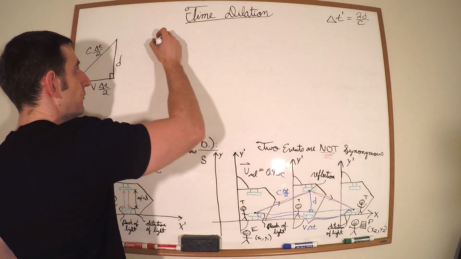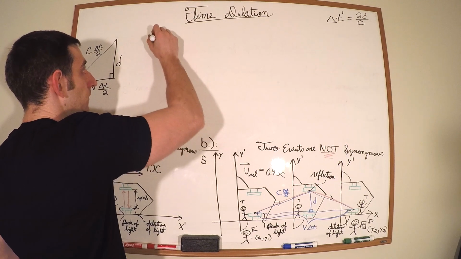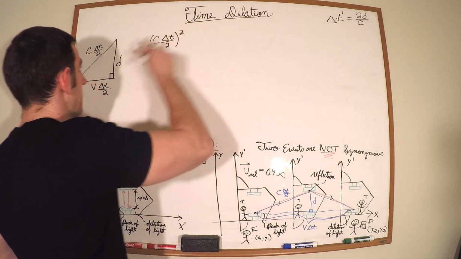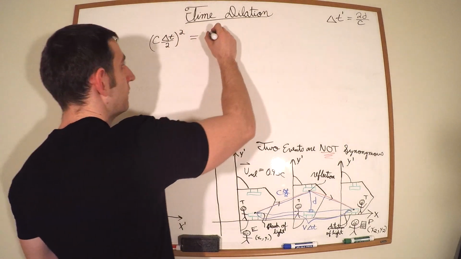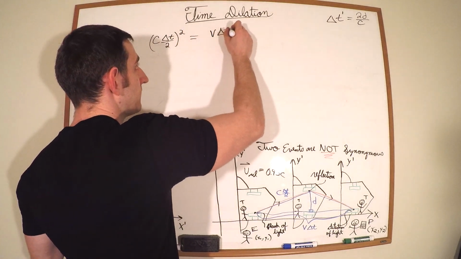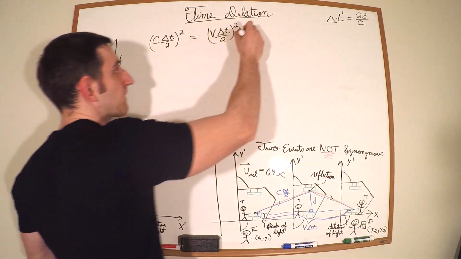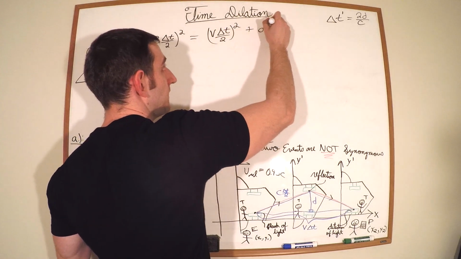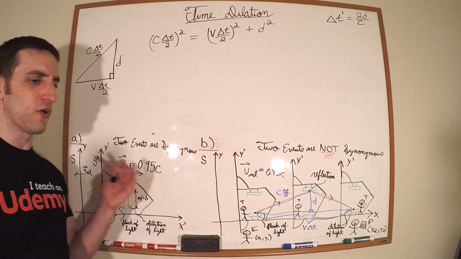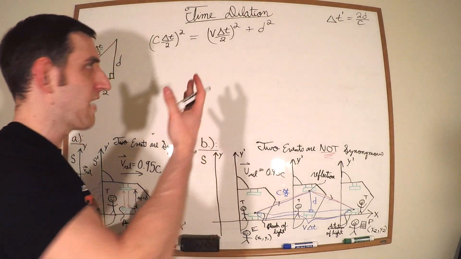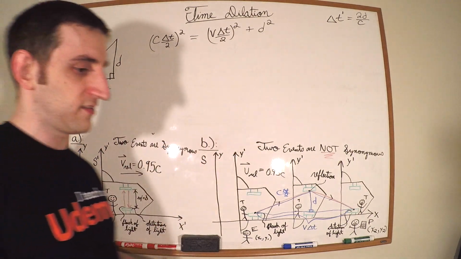So if we do c delta t over 2, we square that, the hypotenuse, is equal to v delta t over 2 squared plus d squared. All right, so you're probably thinking, what in the world can we do with this? This is pretty convoluted. Let's massage the equation a bit and see what it divulges.